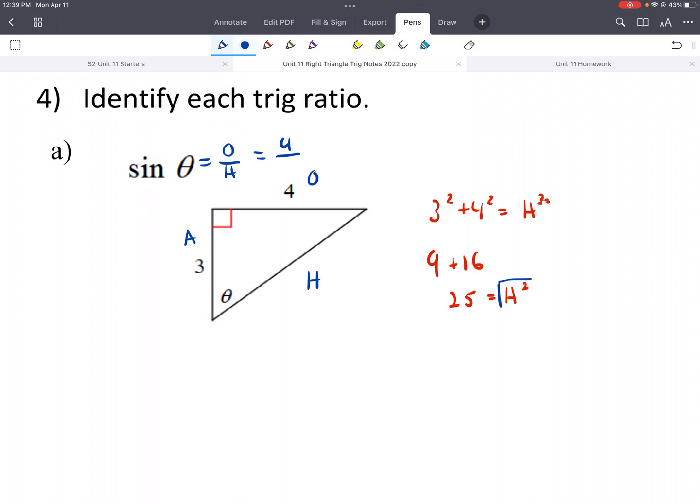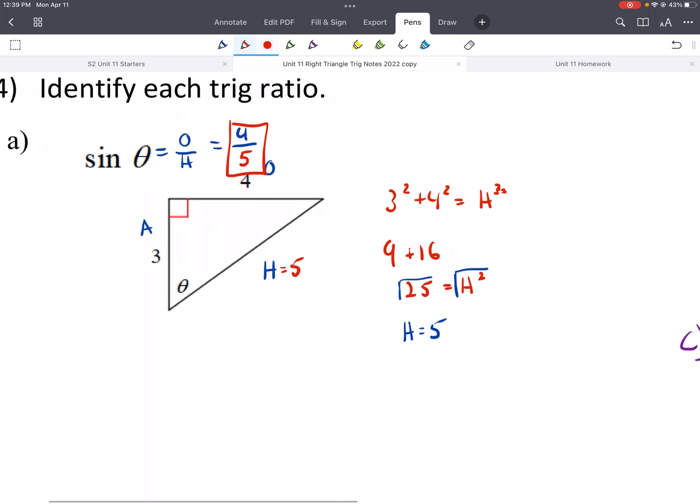So we'll square root, and we'd get H equals 5. Now we can put that in our ratio, and we're good to go. So opposite over hypotenuse, 4 over 5. So that's where the legs of our triangle were given, and we needed to find the hypotenuse.